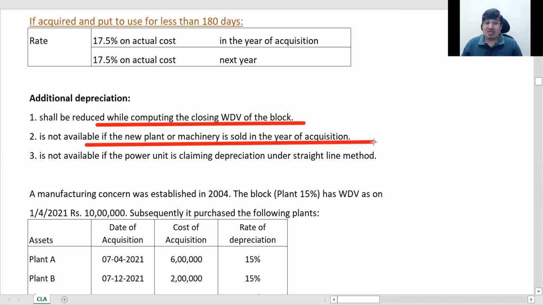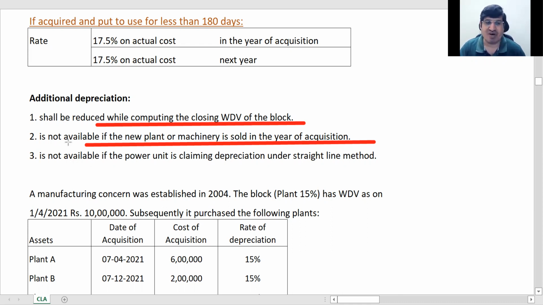But here in additional depreciation, it is not available if you sell it in the same year. तो आपको मिलेगा ही नहीं. If you have bought an asset on 1st April 2021, sold it on 30th March 2022, no additional depreciation. The same year if you sell, you will not get it.